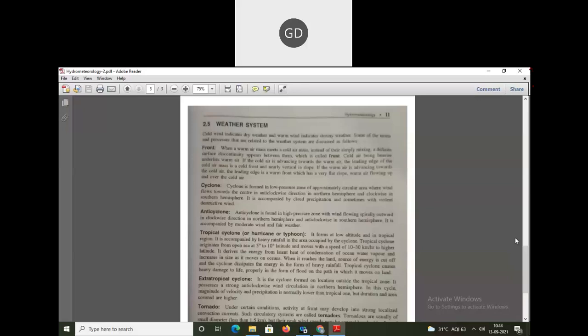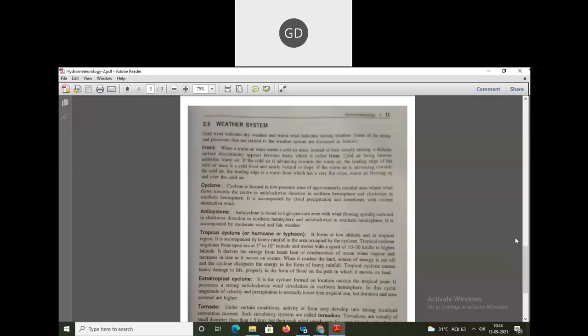These tornadoes are usually of very small diameter, less than 1.5 kilometers. Their peak wind speeds may be several hundred kilometers per hour, and translational velocity may go up to 100 kilometers per hour.